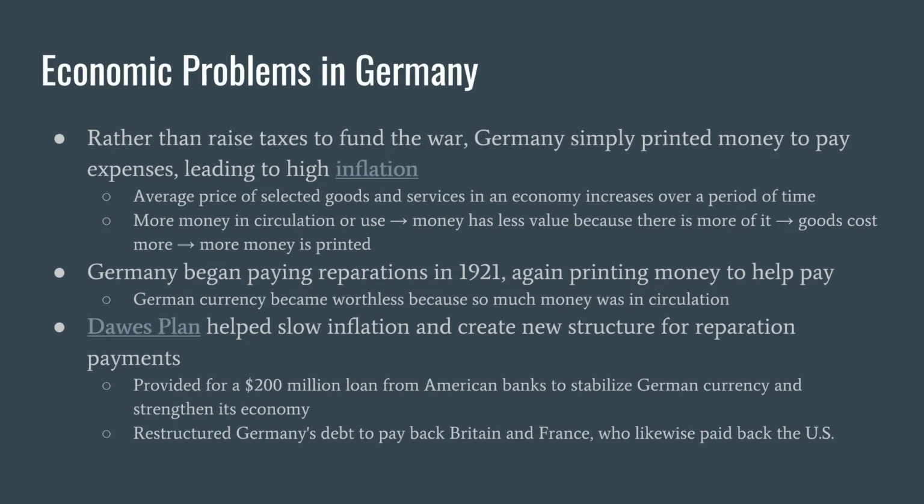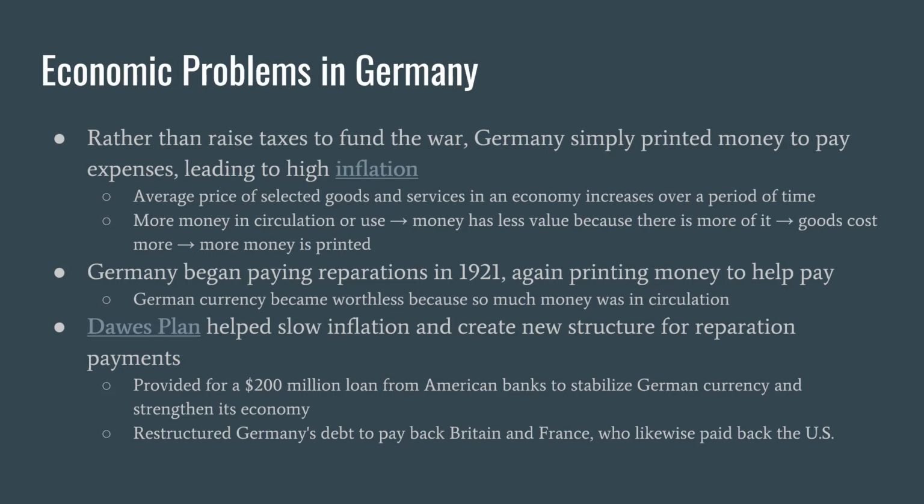While most parts of the world are really struggling at this time, I want us to focus a little bit on Germany. As a reminder, Germany was forced to accept the Treaty of Versailles, which not only blamed them for the war in its entirety, but also assigned them large reparations to pay the Allied powers.